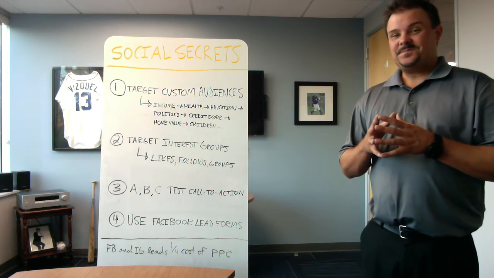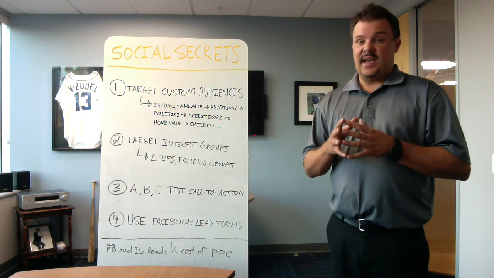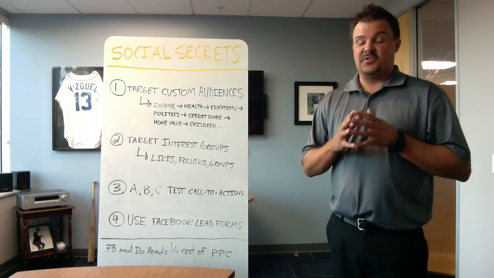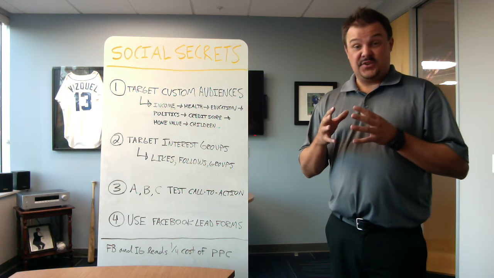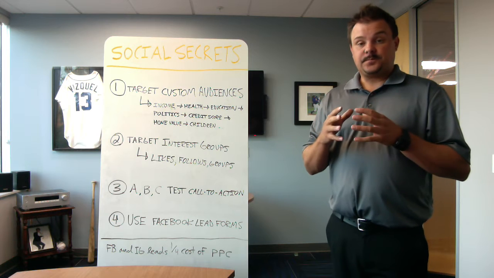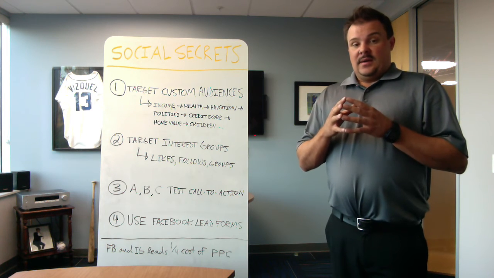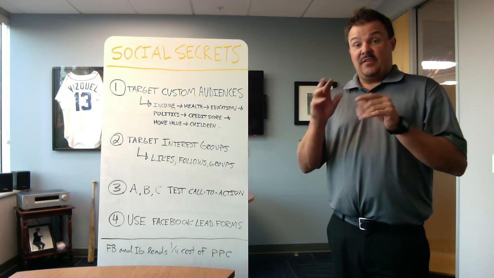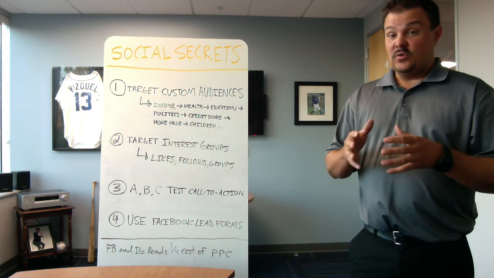All right. To conclude, I want to share with you this fact that we have basically averaged over the course of the last couple of years that Facebook and Instagram leads, those are people that click a link or fill out a form, are about 1/4 the cost of a Google lead.